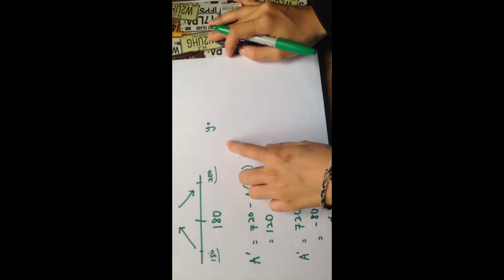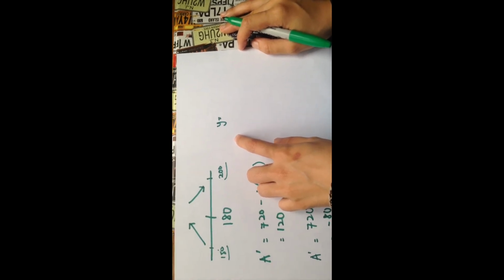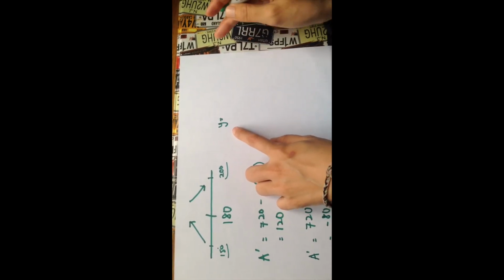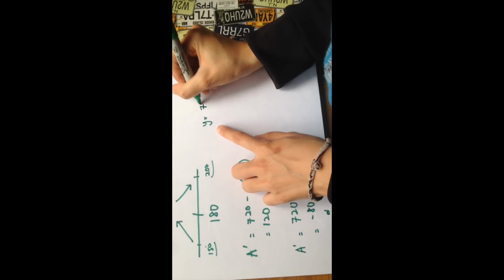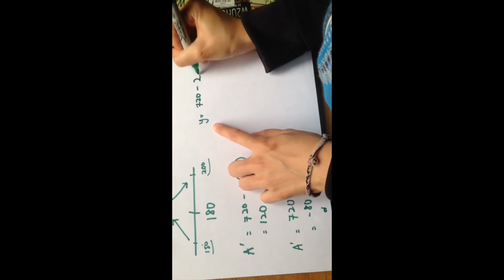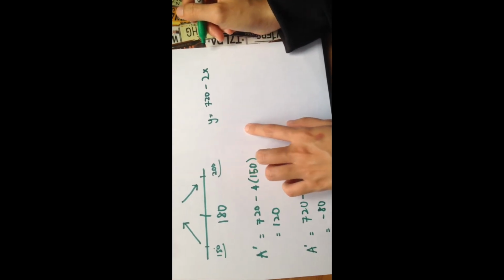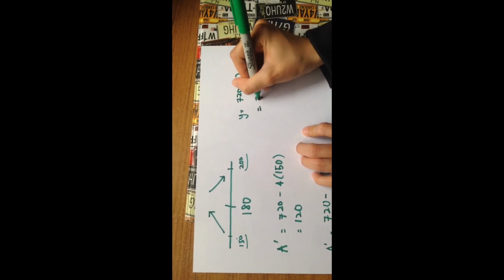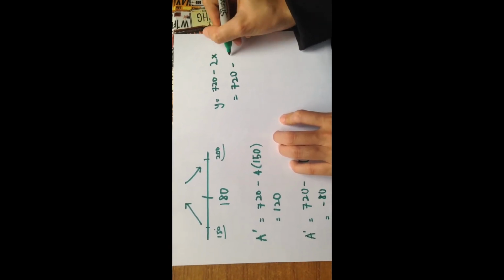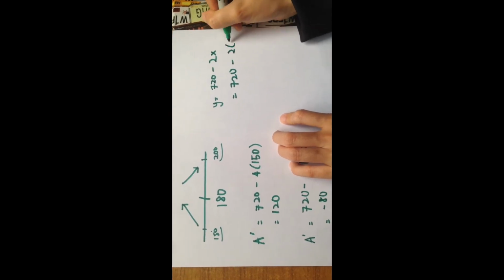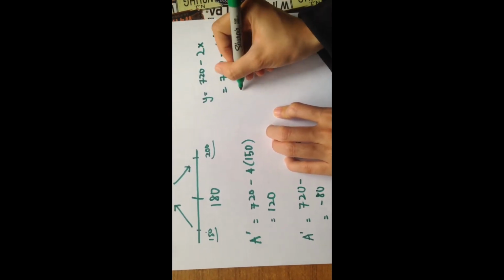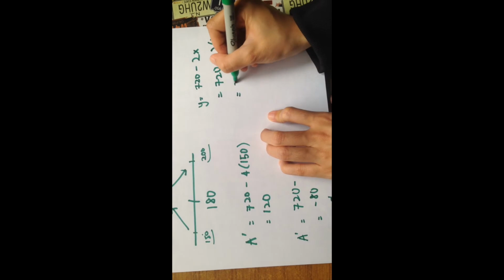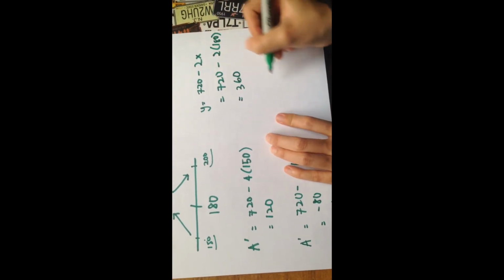So where y equals 720 minus 2x, the constraint equation from just now, equals 360.